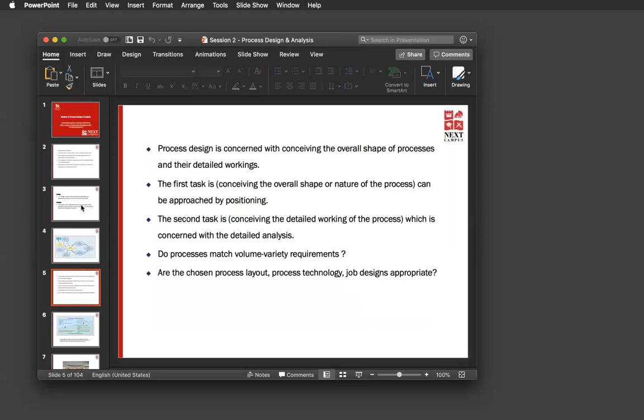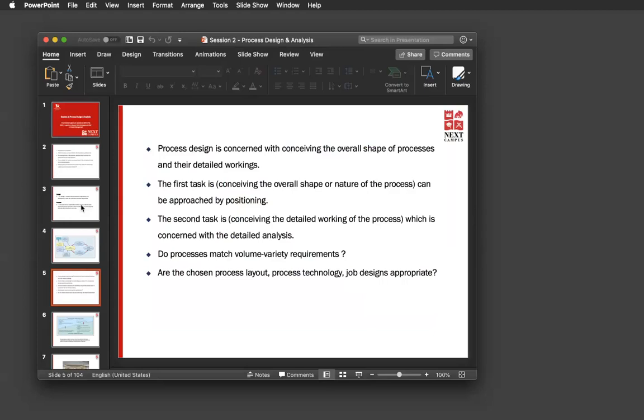Now if it is the latter, if the process is capable of running on its own, then that process becomes a candidate for automation. So that is where all this robotics and automated processes comes into play.